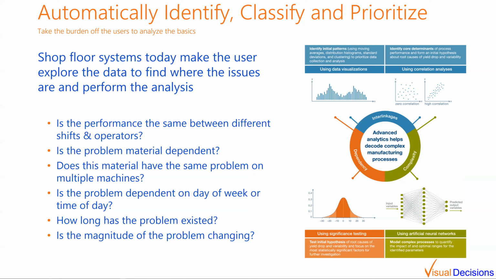So for instance, when we look at the 5 W's and an H, the system can automatically look at, is the performance the same between different shifts and operators and so forth, or if the problem is material dependent, does the material have the same problem on different machines? Is the problem dependent on the day of the week or time of day? How long has it existed? Is the magnitude of the problem changing, et cetera?